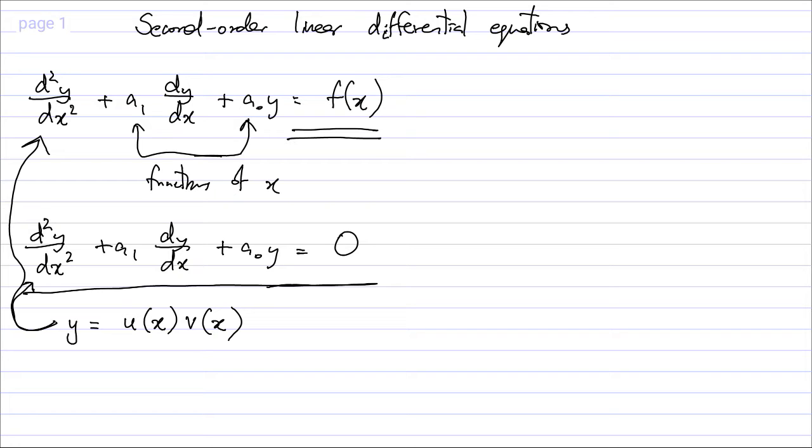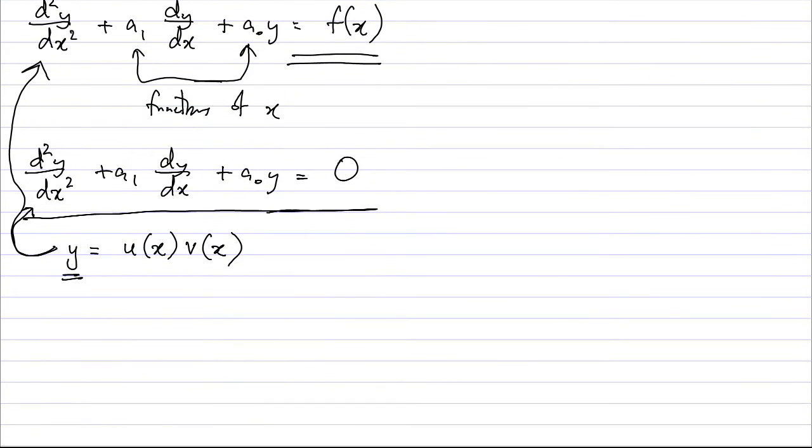There are more techniques for it, so it's easier. Once you have that, you integrate to find v of x, and once you have v of x, then of course you have y. Now it's easy to show how that works out in practice.